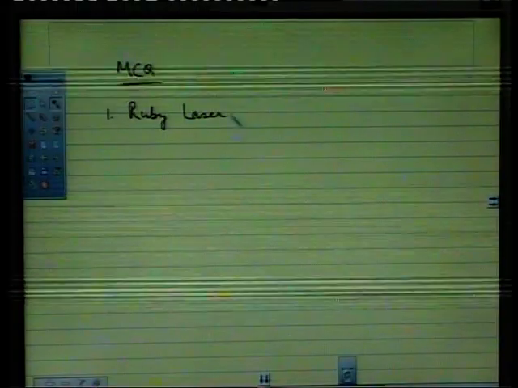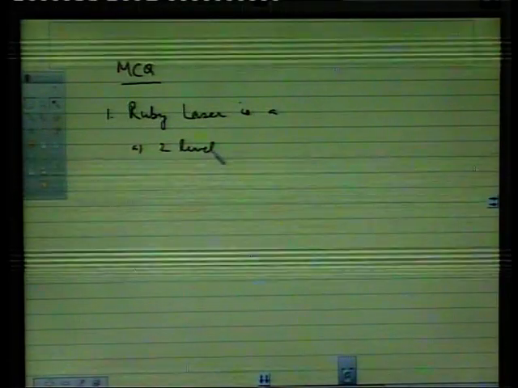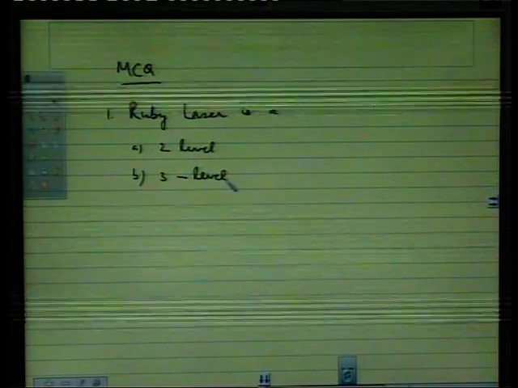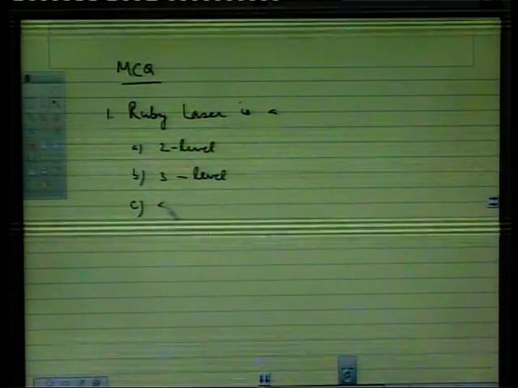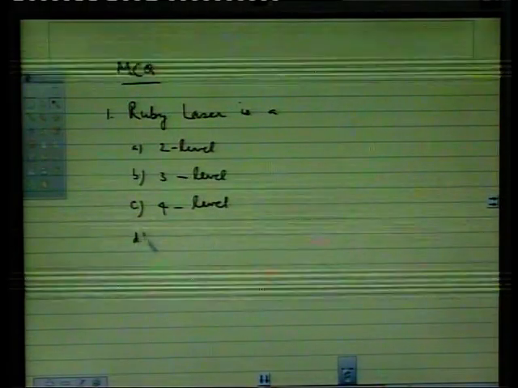The first question is, Ruby laser is a, A 2 level, B 3 level, C 4 level, or D 5 level.